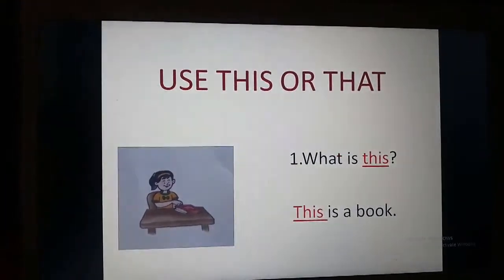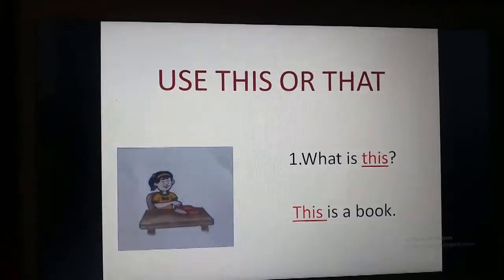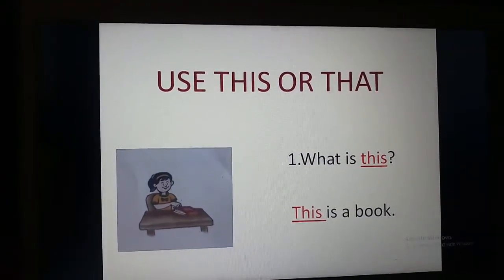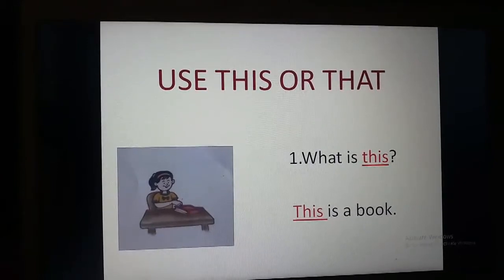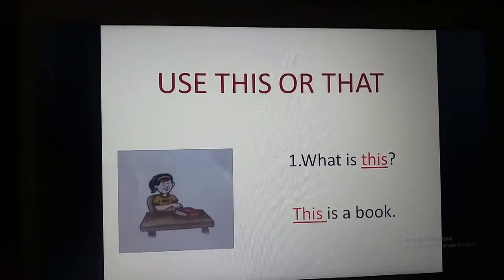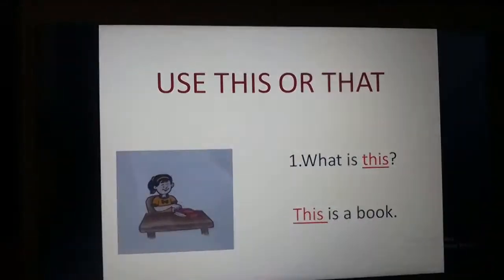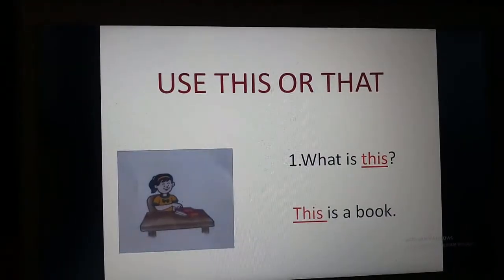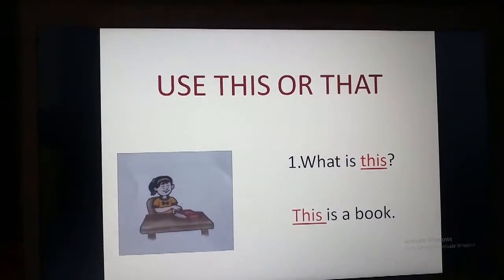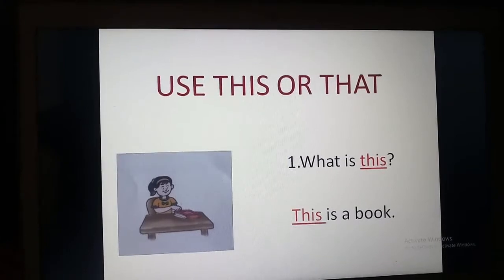Now, look at this. Use this or that. You have to write this or that. Look at the picture. The book is near to the girl or far from the girl? Yes, it is near to the girl. So, what will we write in the blank? This or that. It is near.